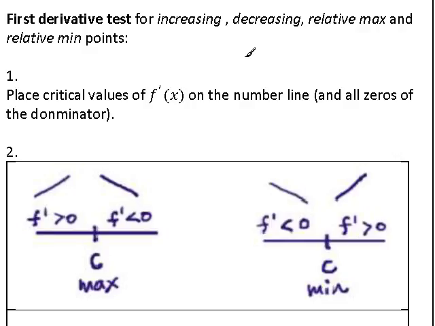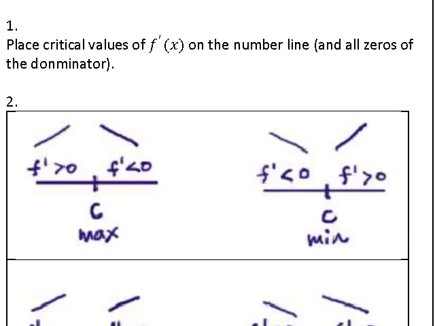The first derivative test is for where a function's increasing and decreasing and for relative max and relative min points. So first what you do is you place critical values on the number line and all zeros of the denominator. Those are not critical values, but you put those on the number line as well.